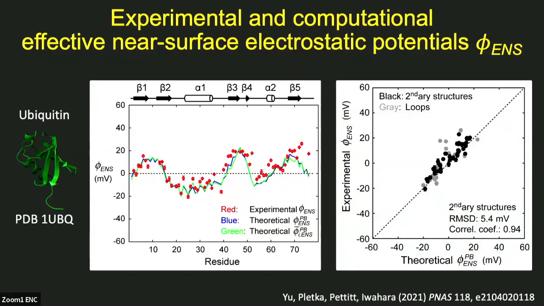The agreement between experimental and theoretical electrostatic potentials are quite good, especially for secondary structure regions. But you see some large deviation for loop regions. And we thought that this could be due to basically mobility.